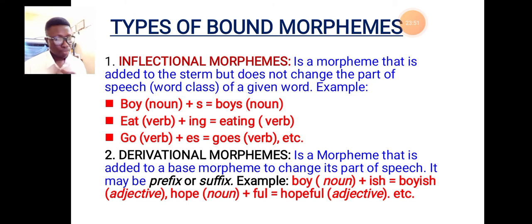All right, so there are a lot of examples that we can talk about. So from the examples given, we realize that the addition of the morphemes does not change the word class of the given word, even though their form has changed.